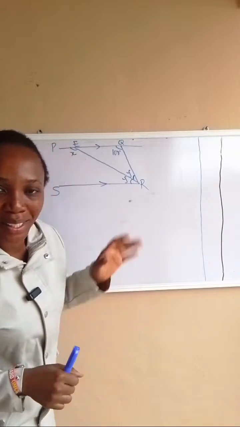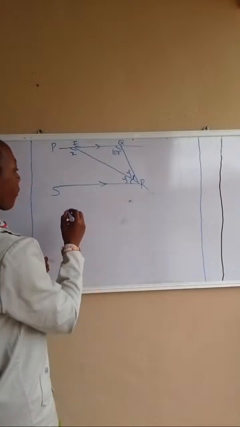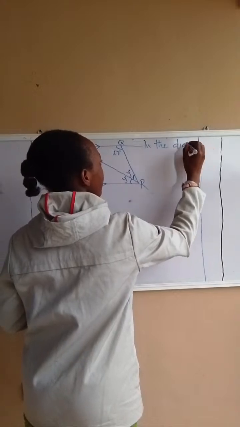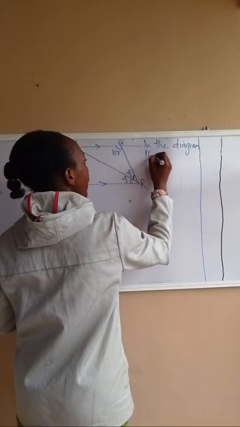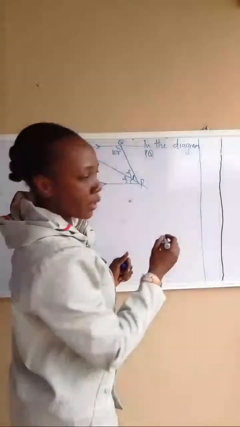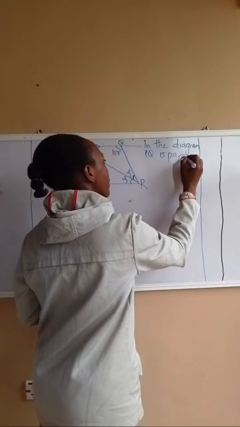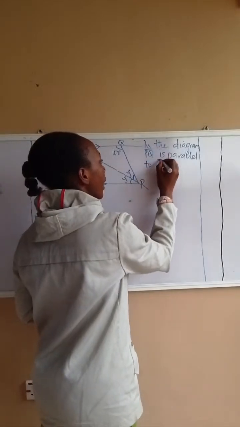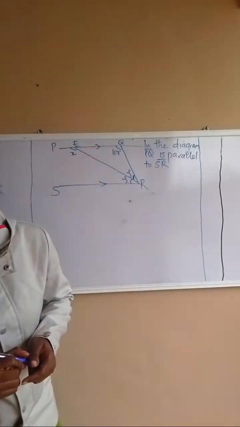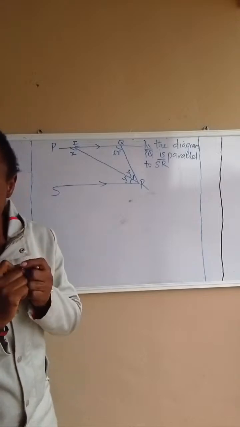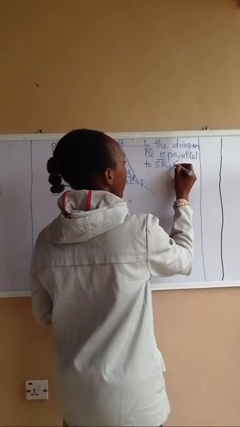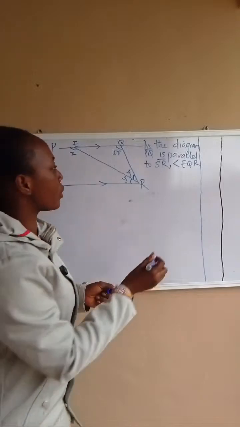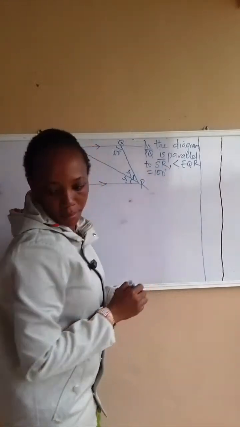All right. This is the question we'll be solving. In the diagram, PQ is parallel to line SR. Angle EQR is equal to 100 degrees.